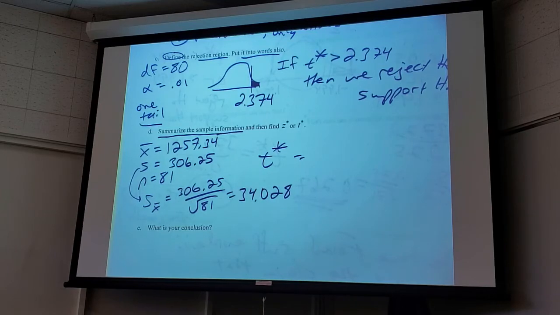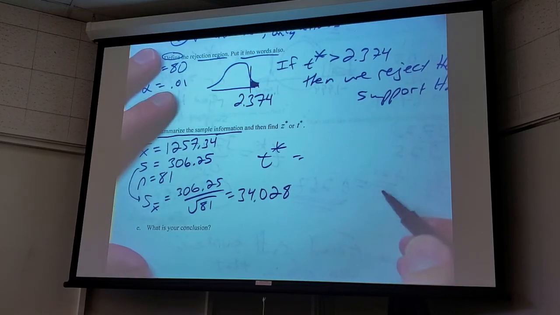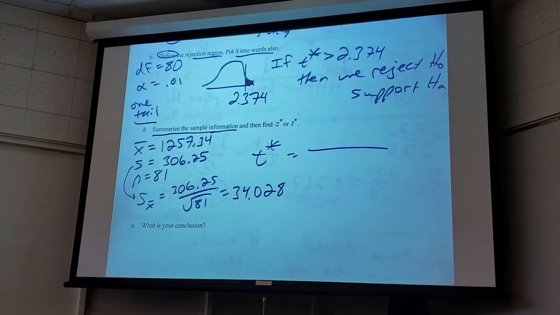Okay. So you're a weird freaking stats instructor who wants you to take it at least 3 places. Now see if you can get that T-star score, if you haven't already.